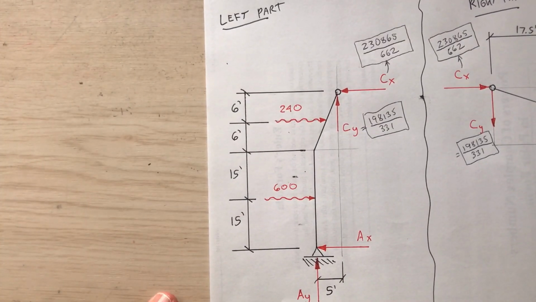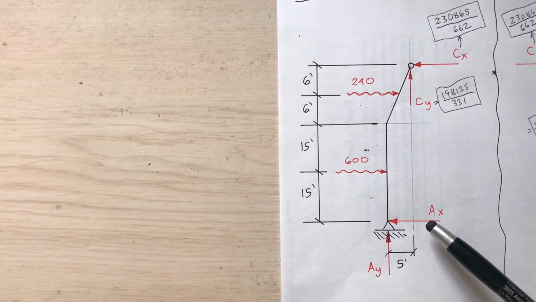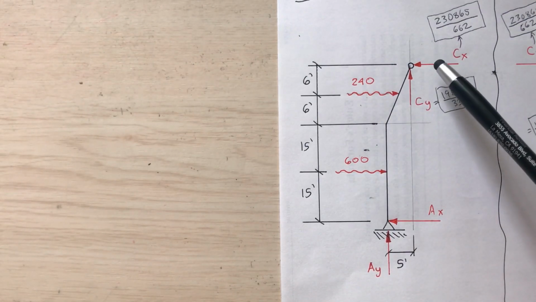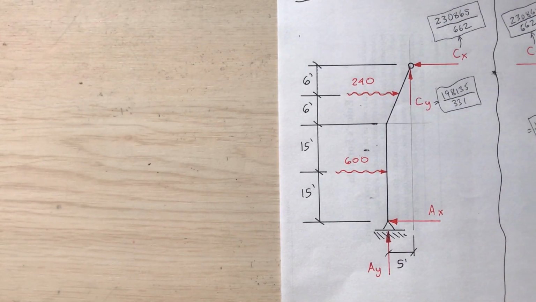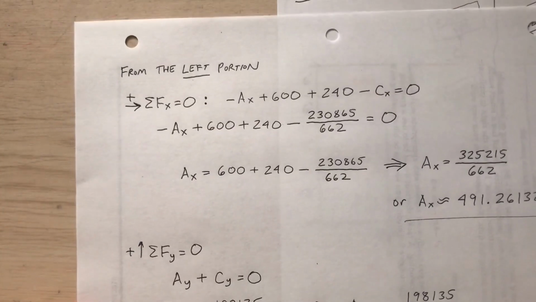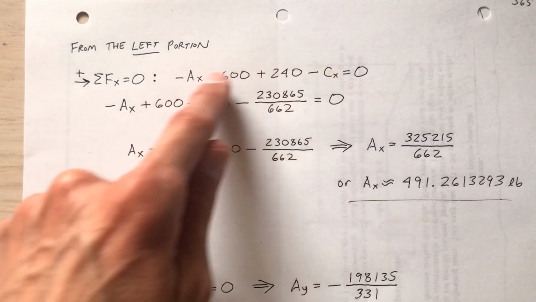Okay, here's the left portion of the frame. Analyze it. Sum of the forces in the x direction is 0. Negative A sub x plus 600 plus 240 minus C sub x, which is this, is equal to 0. So that's what I did here. From the left portion, this is what I just read to you.